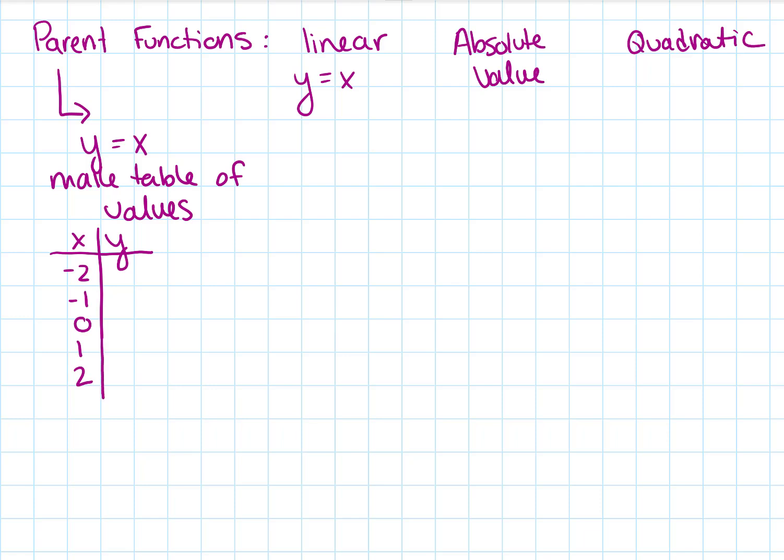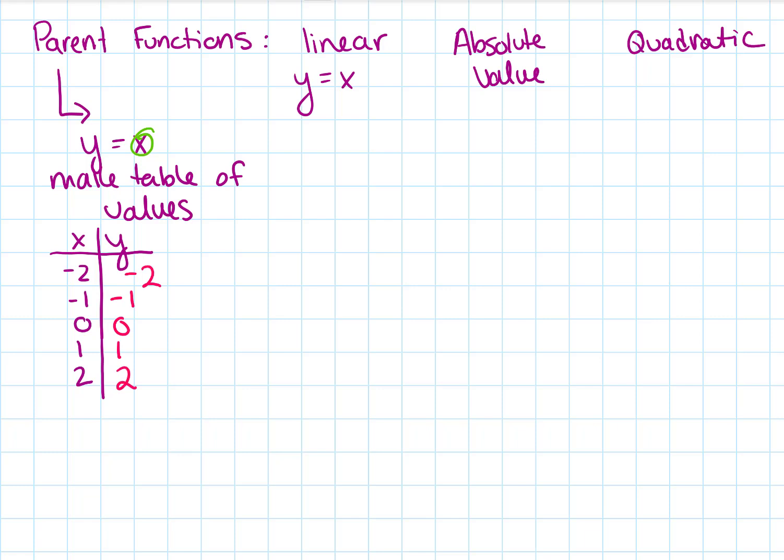To get the y values, I plug the x values into the equation. So if I plug in x is equal to -2, I get y is equal to -2. If I plug in x is equal to -1, I get y is equal to -1. So on and so forth.